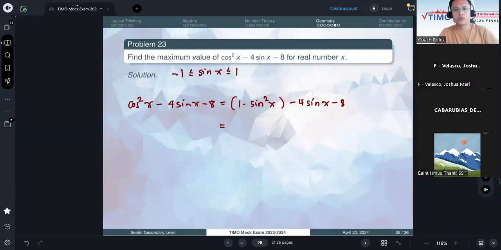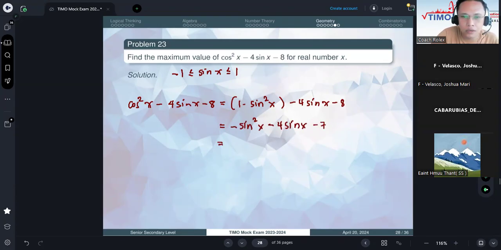Let us try to... this is, we have negative sine squared x minus 4 sine x plus 1 minus 8. So this is negative 7.